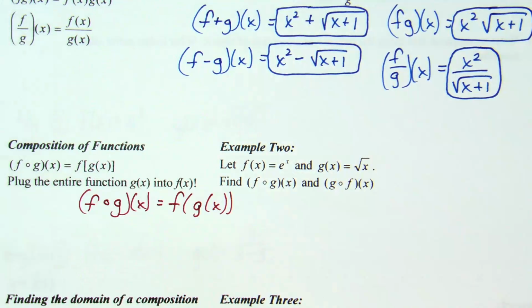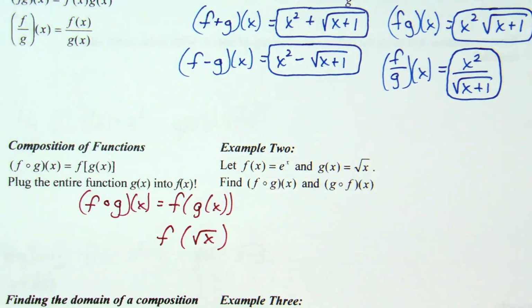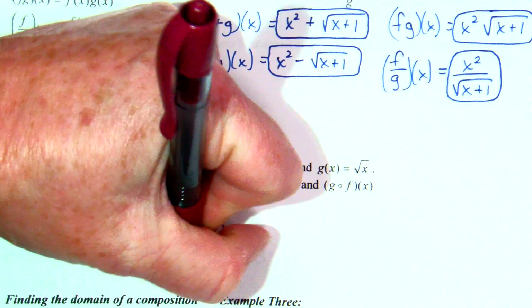So you can, as an intermediate step if you want, write this as f of square root of x. Some of you may not want this, and that's fine. But what this is showing is that now I'm going to take square root of x and plug it into f. Every place I see an x, it becomes square root of x. So what is f? E to the x. So when I plug square root of x in, it's going to become e to the square root of x. Does that sound a little familiar?